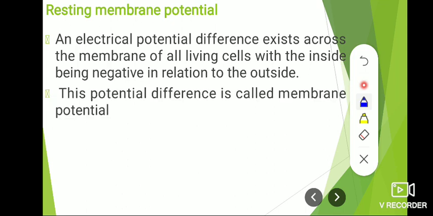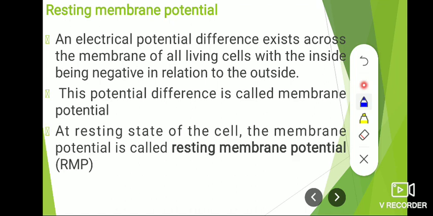This potential difference is called membrane potential, and at rest it is called the resting membrane potential. In an excitable cell, if you put an electrode, you will find there is a potential difference. At the resting condition, it is called the resting membrane potential.